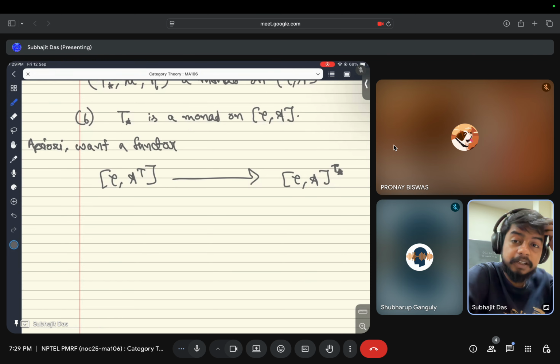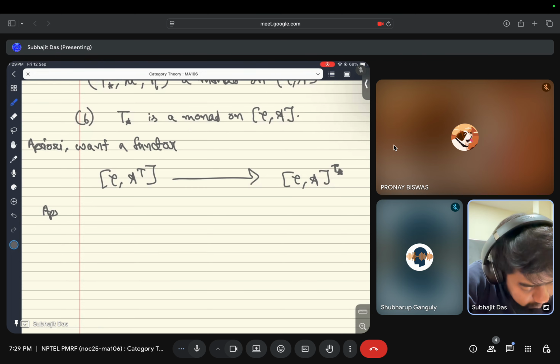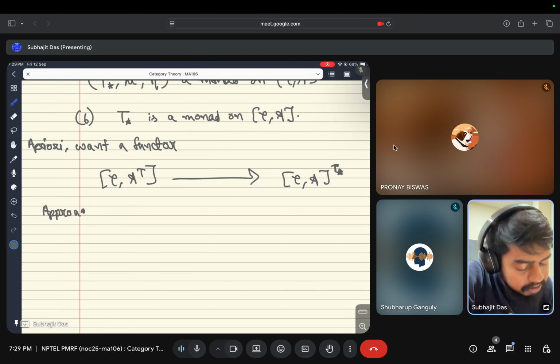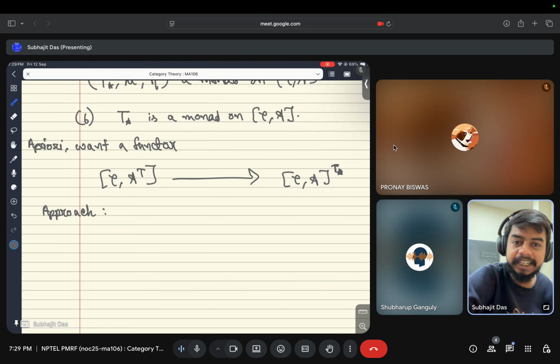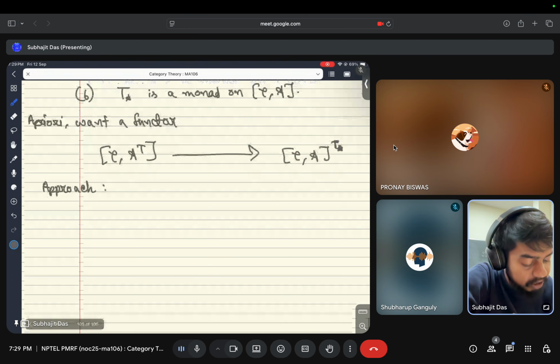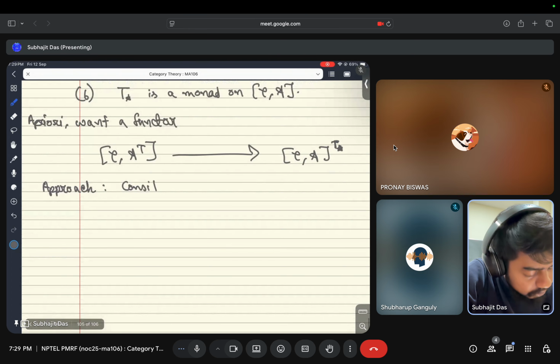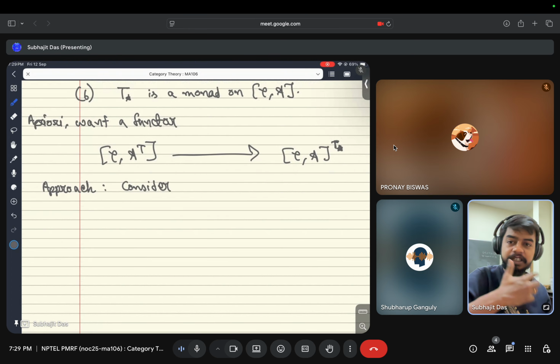Wow. So what functor should we have, right? So first, I mean, what is this called? One approach is to use that this is the Eilenberg-Moore category of T star. So consider, we fully know what adjunction we should take.